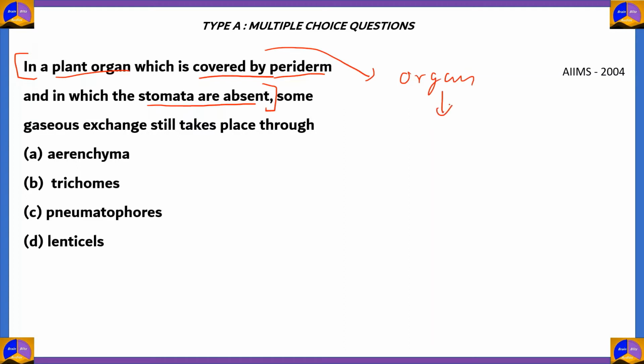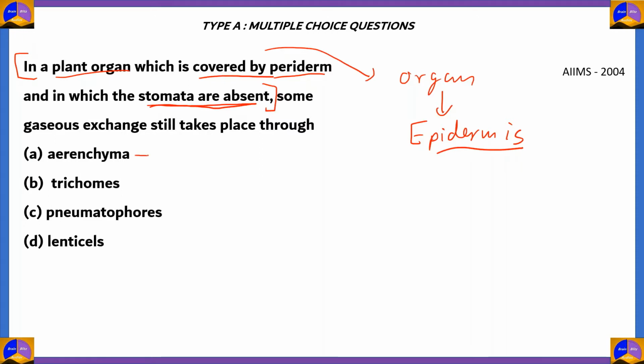And since the epidermis is covered by the periderm and it does not have stomata, the organ in question is the epidermis. So in the epidermis, gaseous exchange takes place through what? Now let's look at each of our options.